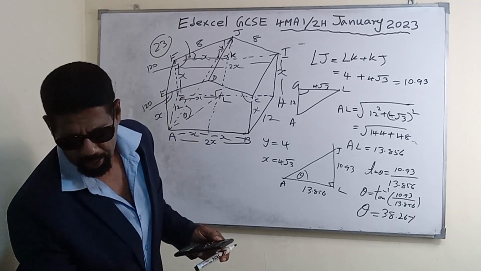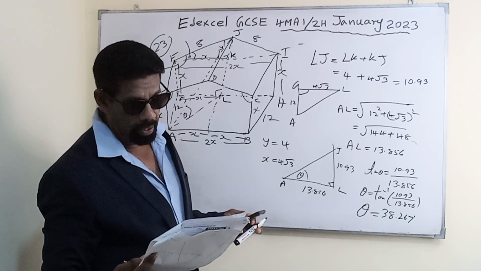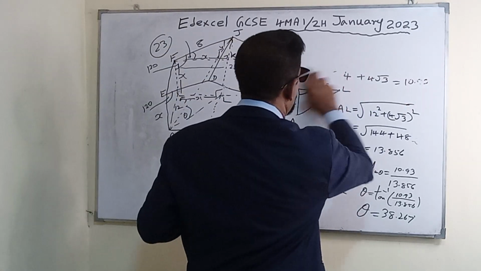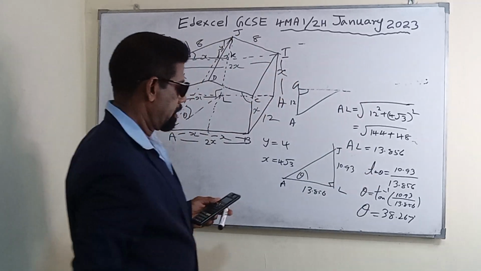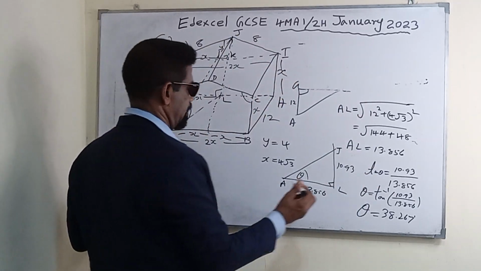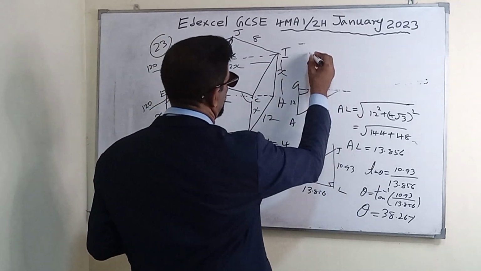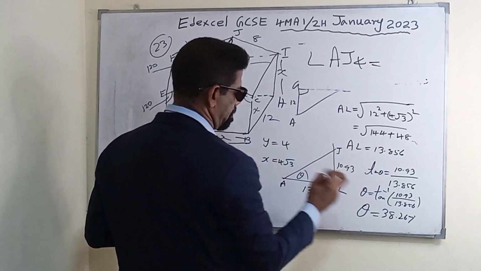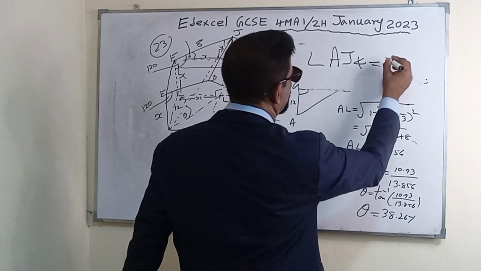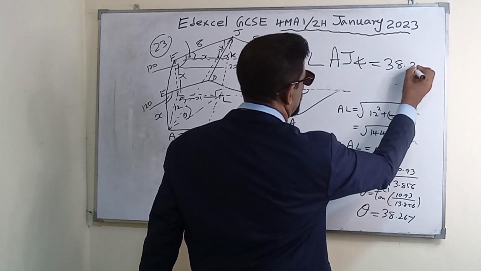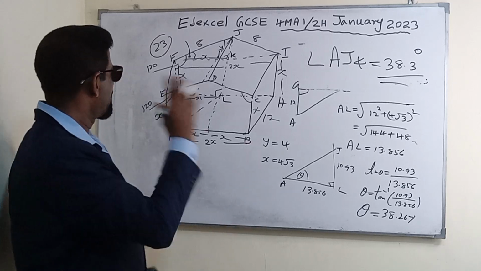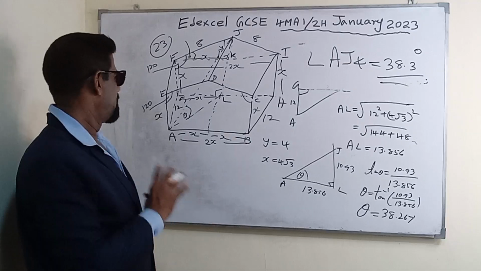He needs the angle to 3 significant figures, so angle LAJ becomes 38.3 degrees.